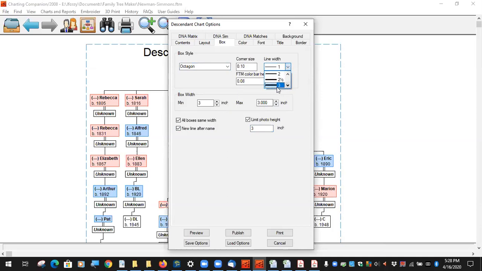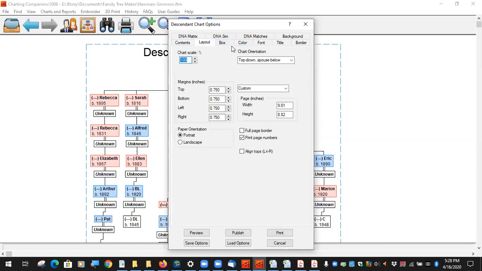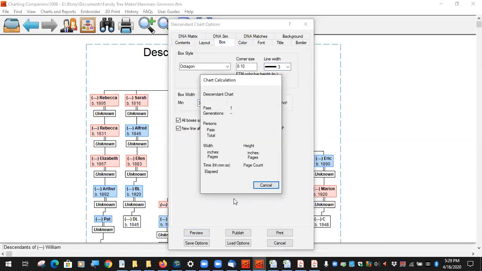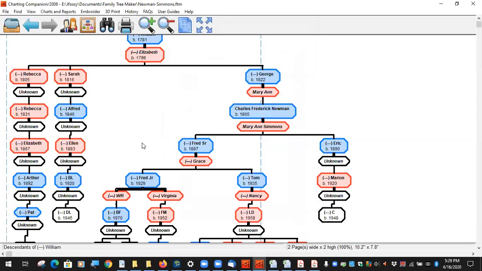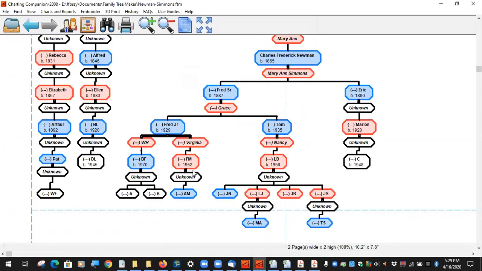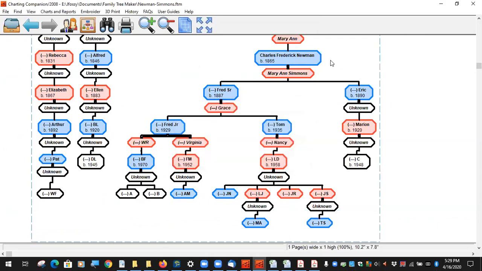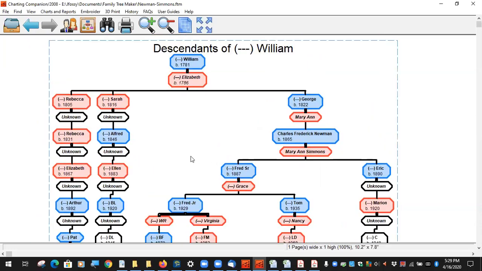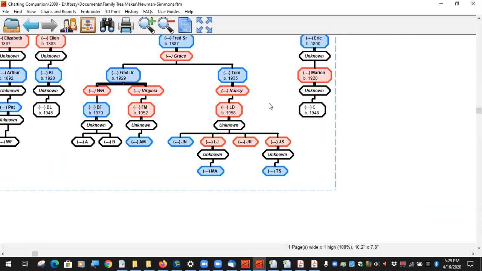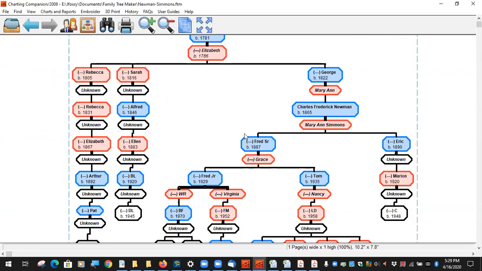Say we want a heavy line, stuff like that. Doing this will always fit it to one page, however you change it. This one doesn't have any pictures in it.